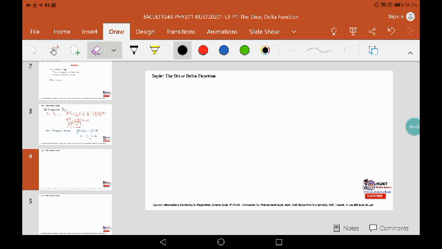The volume integral of the divergence of v is equal to the surface integral of v dot dA.